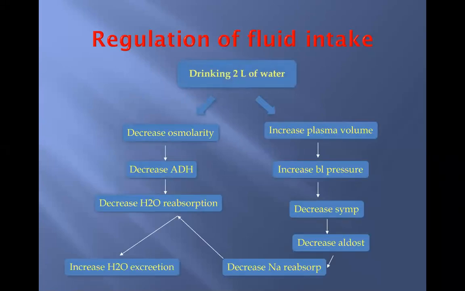So now the regulation of fluid intake. If we drink 2 liters of water, this causes what? A decrease in the osmolarity. The decrease in the osmolarity will lead to movement of fluid from the extracellular compartment to the intracellular compartment.